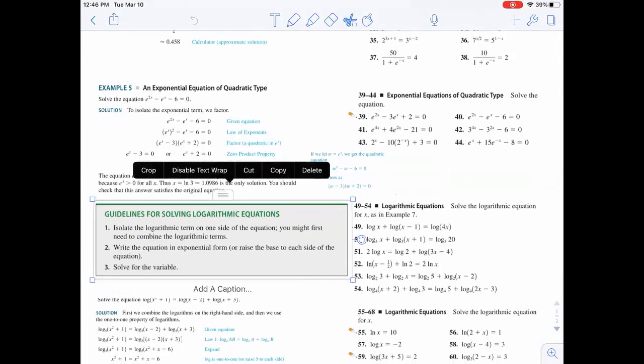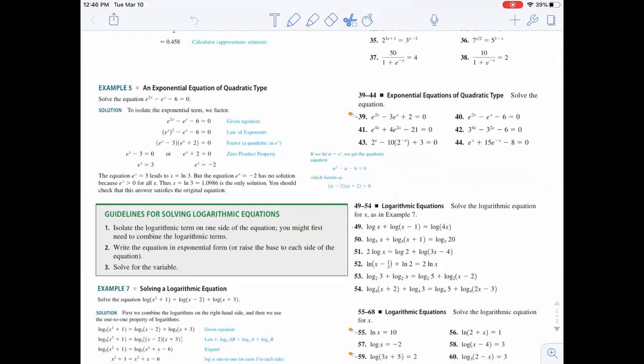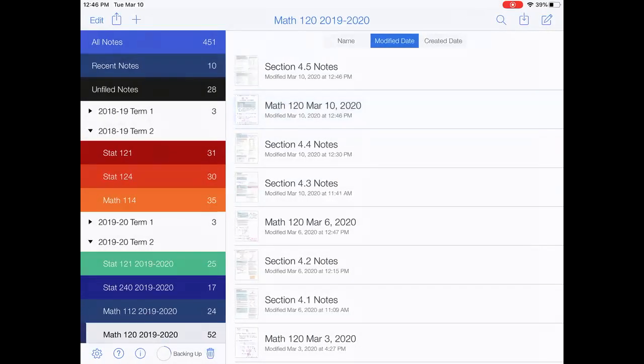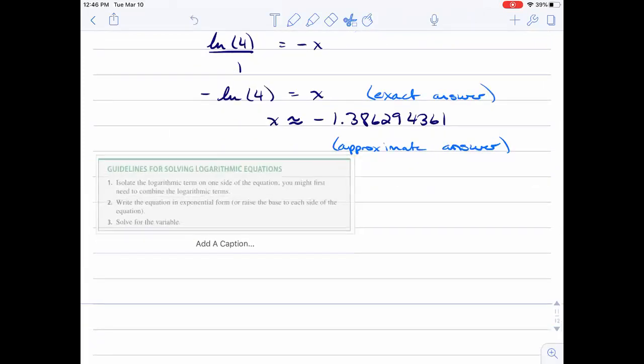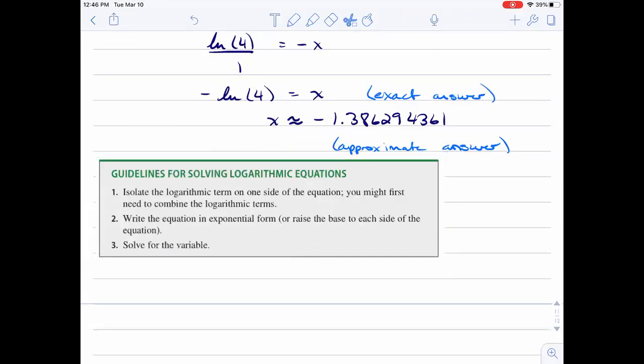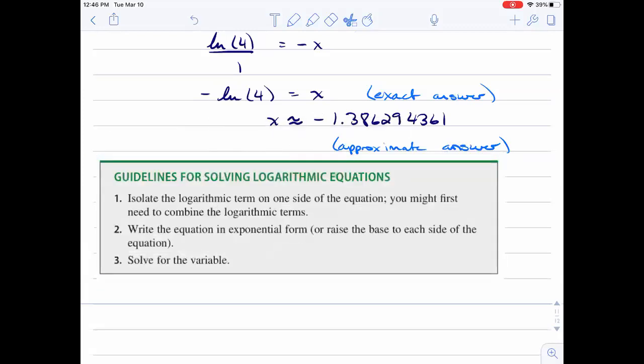Except now you're going to raise the log to whatever base it is to make it go away. But the first thing, right, is you're going to isolate the log term, whatever you want to find with the x in it usually.